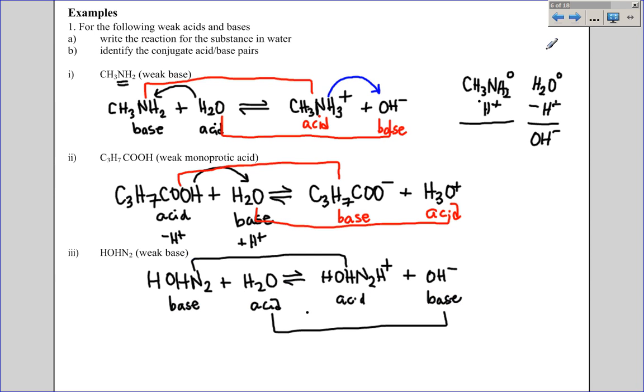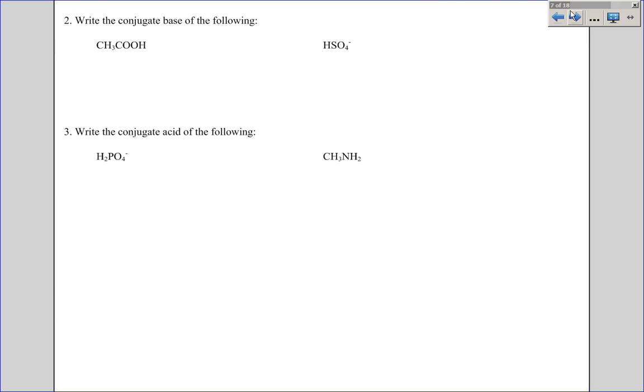So you need to be comfortable writing these reactions and identifying the conjugate acid-base pairs. And another skill that we need to have is to simply identify the conjugates of a substance.